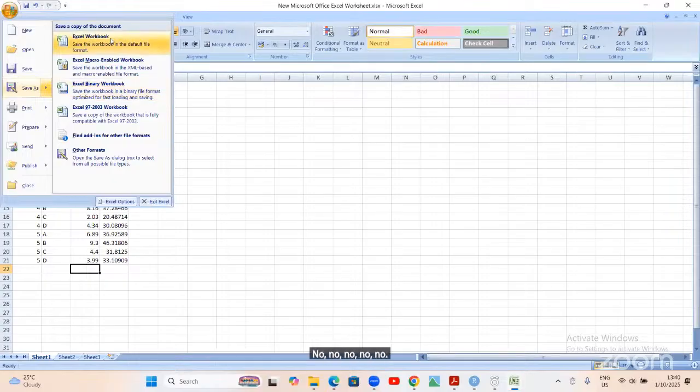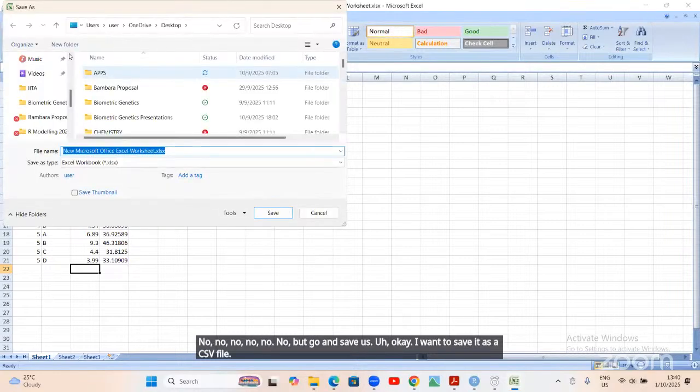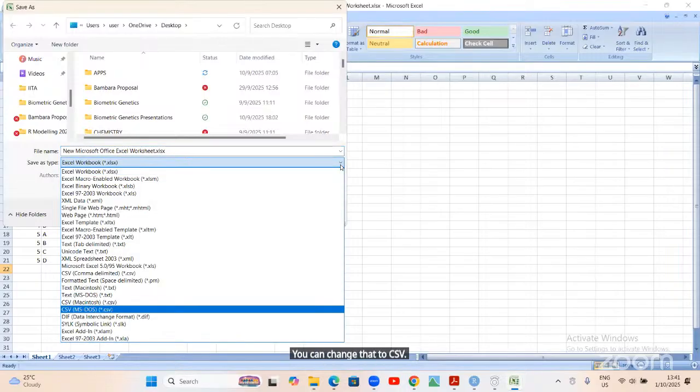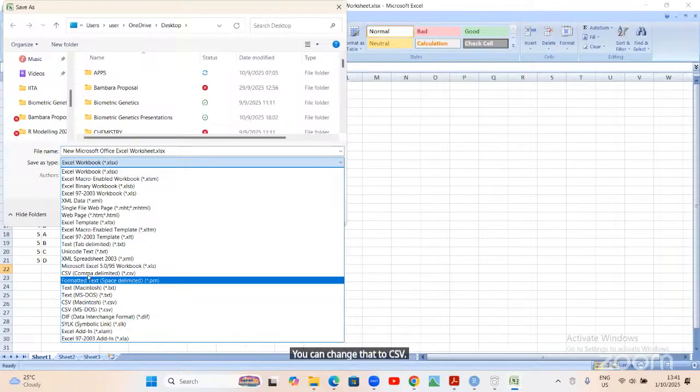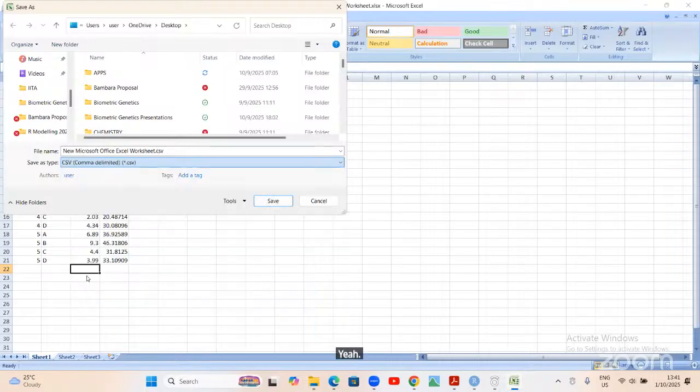No, let's go save as. I want to save it as a CSV file. Okay, put it on a desktop. You can change that to CSV. Yeah, the CSV comma.